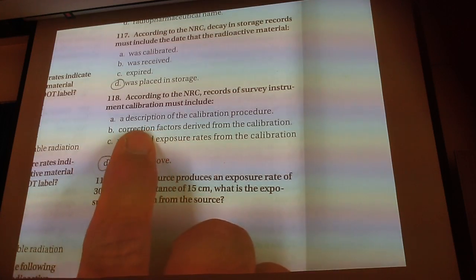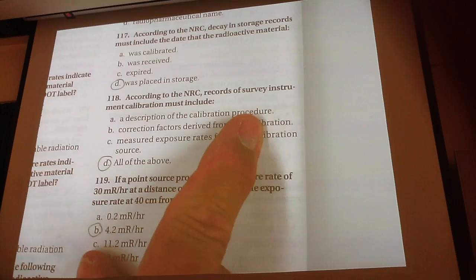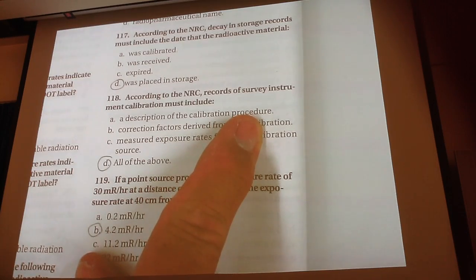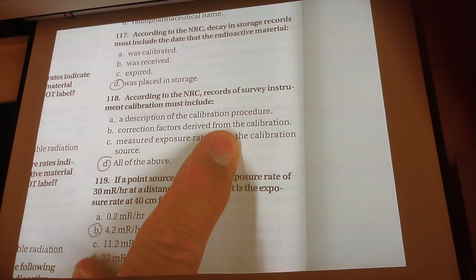When they're talking about the description of the calibration procedure, you have to tell them what sources you use. And if you remember, survey instruments have to be calibrated on both sides of the scale. So basically you have a low reading and a high reading. Within the correction factors, again, some instruments are capable of reading other types of radiation, but you have to be able to correct for it.